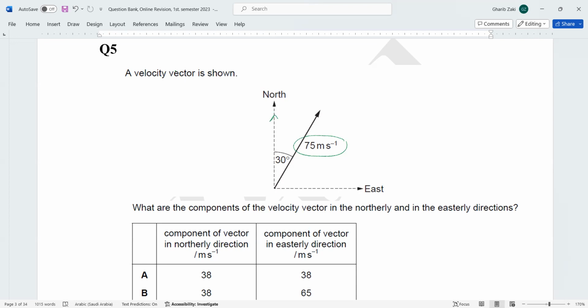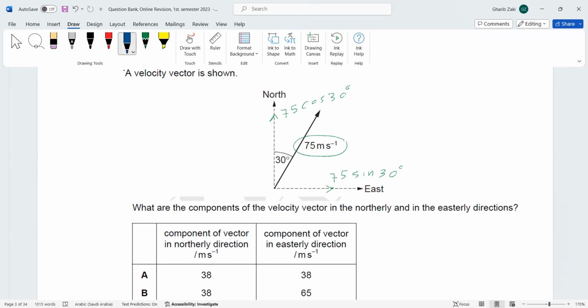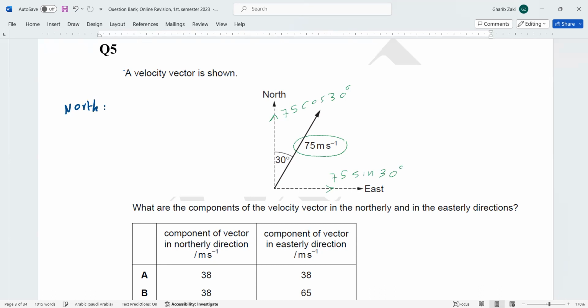So north, it becomes 75 cosine the angle. What is the angle? It is 30. And the side away is sine. Then it is 75 sine 30 degrees. So in the north, it will be 75 cosine 30.